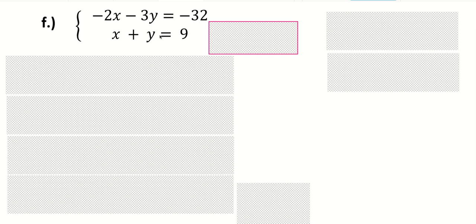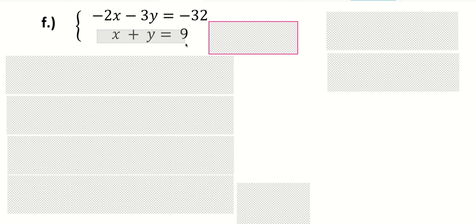So which equation do you think would be easiest to solve for, and for which variable? One more reminder. If you go, oh, let's solve the top equation for y, you could. There's nothing wrong with that. But solving this top equation for y, or x for that matter, you're going to end up using fractions when you substitute in.